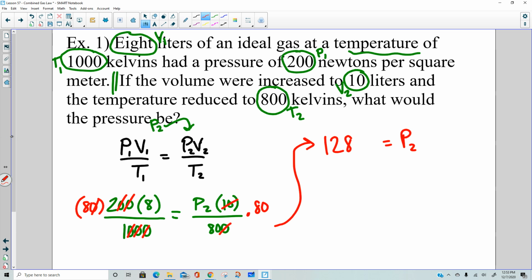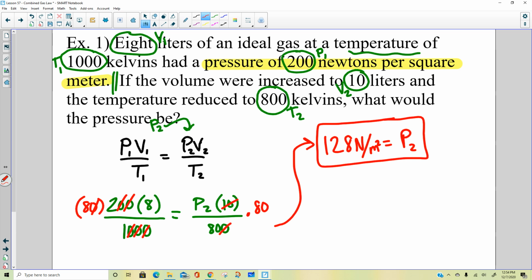So we're looking for units of pressure. Go back up to the text, see if you can find it. Had a pressure of 200 newtons per square meter. So capital N over M squared is my final pressure.